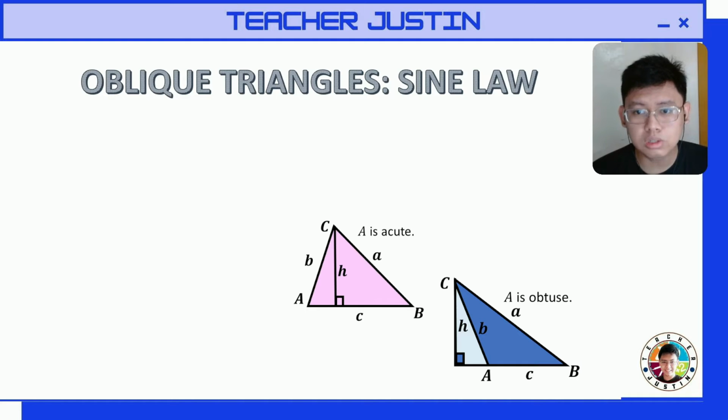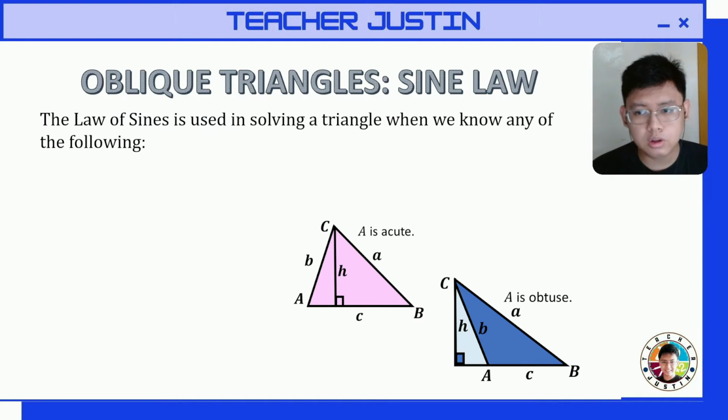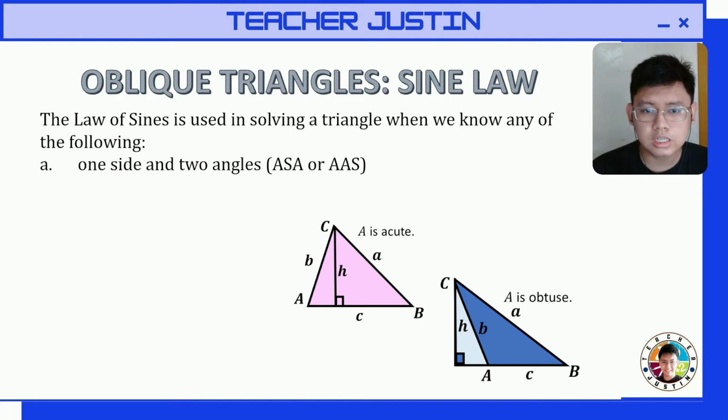So, when do we use law of sine? So, we're going to use law of sine if we're given the following. First is one side and two angles. It can be ASA or AAS. So, pag ito yung given natin, automatic, we can use the formula for law of sine in solving the other parts of our oblique triangles.